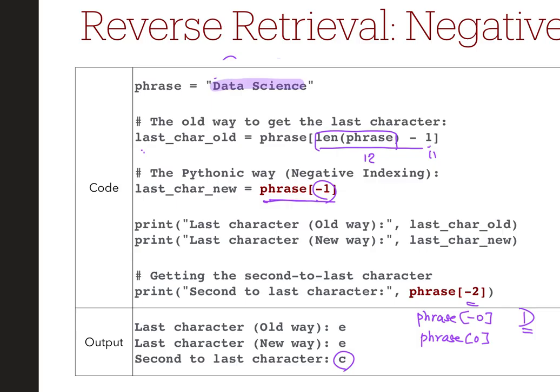The index starts from the left-hand side with the value 0. So the leftmost letter D has the index value 0, and then the index value is increased by 1. If I want to access this A, the second letter, then the corresponding index will be 1. And then this T has the index value of 2 and so on.